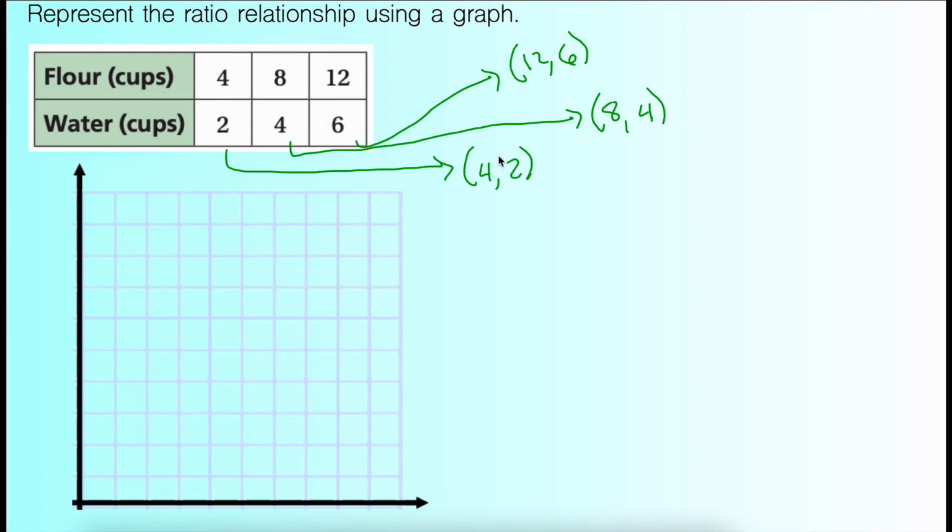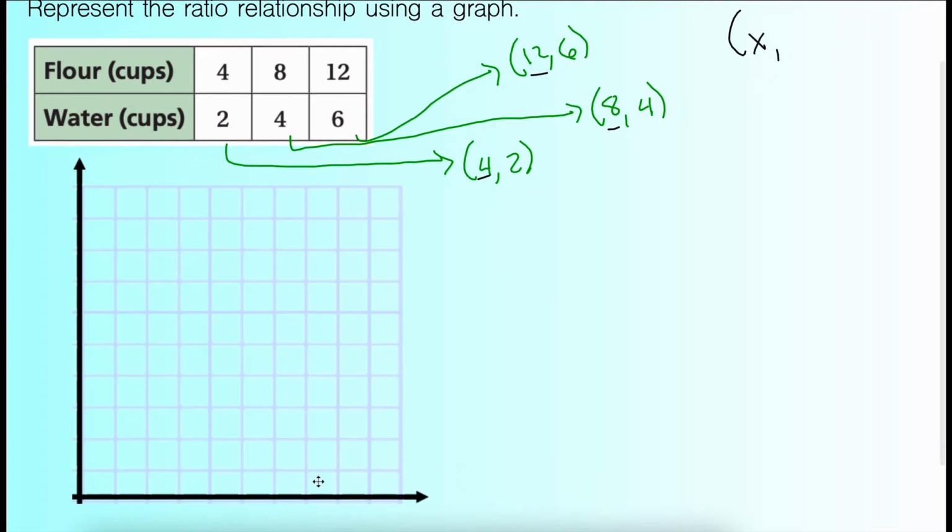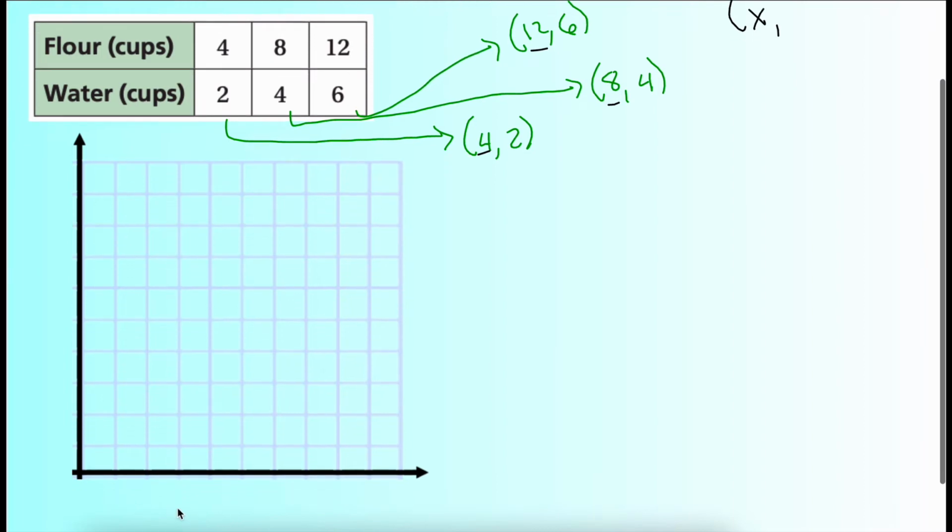The first number in each of these points, so that would be the 4, the 8, and the 12, those all represent cups of flour. And the first value in an ordered pair is the x value. So on my x-axis, I'm going to label this as cups of flour.